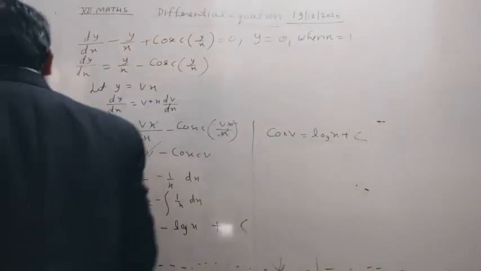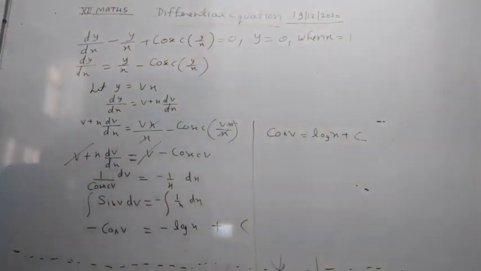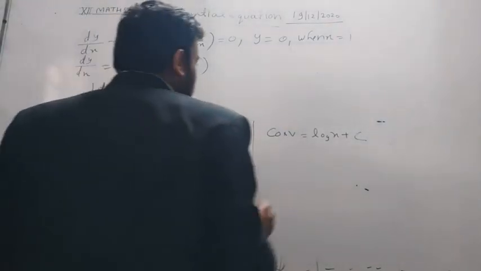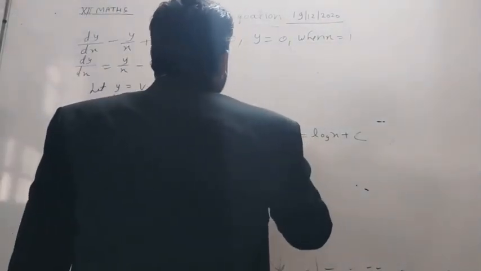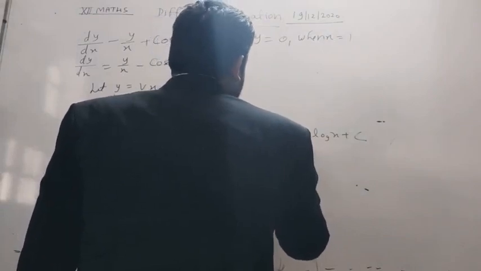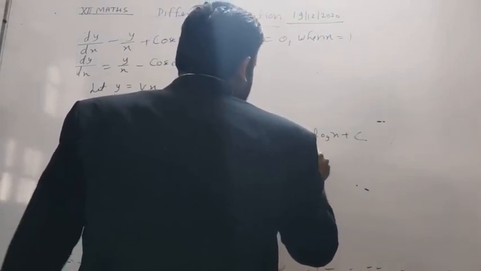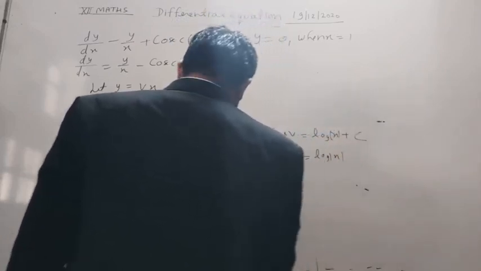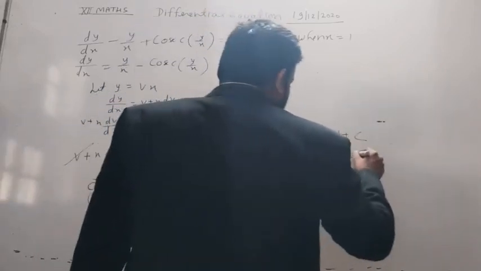Now we have been given that y is equal to 0 and x is equal to 1. Okay, now we put the value of x and y and get the value of c, and then put it. Okay student, so here cos y by x is equal to log of x plus c.